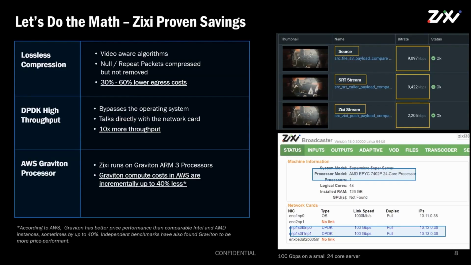So we have a kind of a mantra now in terms of let's do the math. So we actually prove to customers on a spreadsheet exactly what their cost of operation is. And we have a number of tools that we use to reduce egress and compute in particular. So lossless compression.